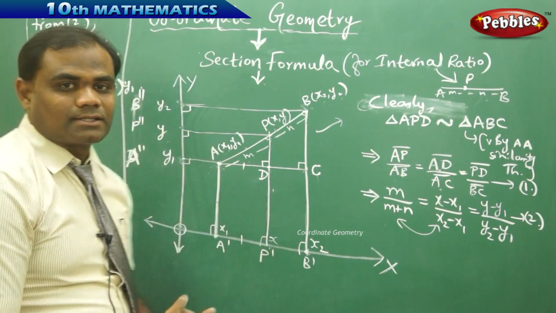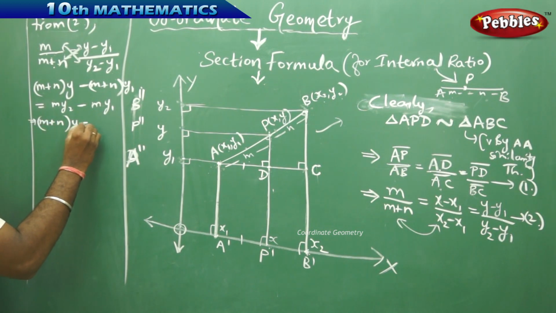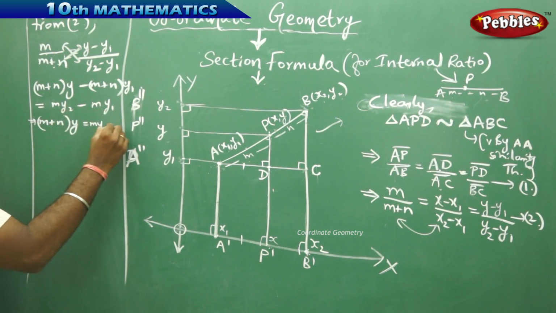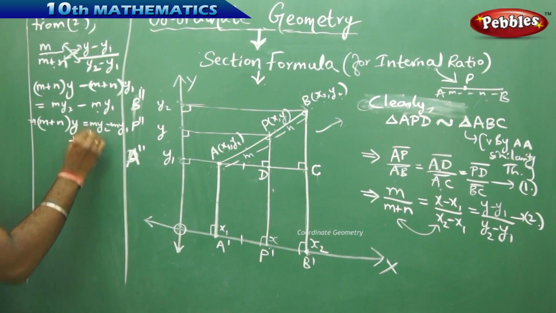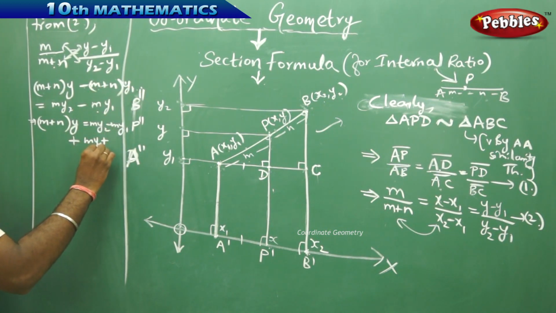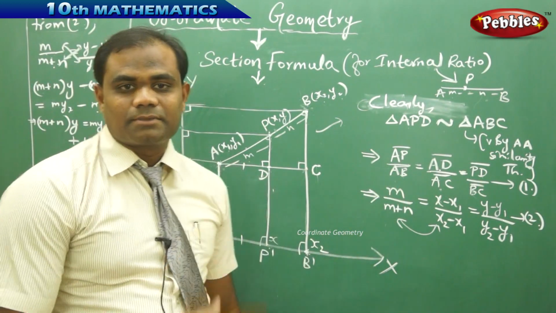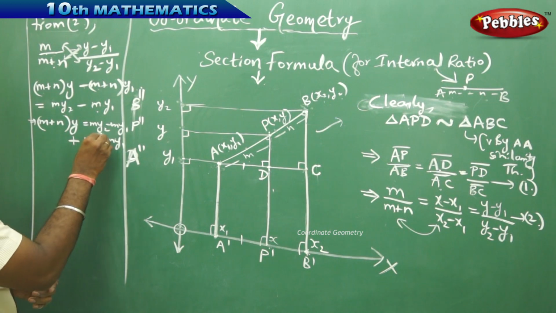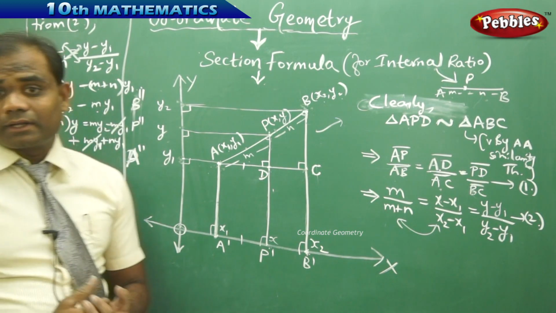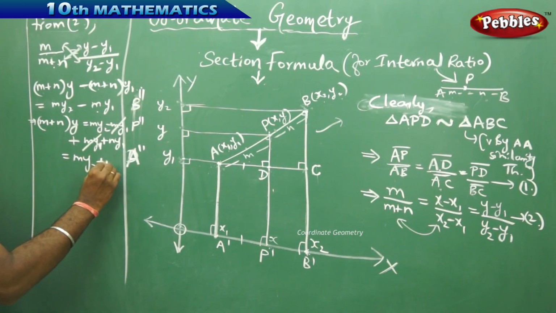Now further simplifying this, I take only the y term to the left and the rest to the right. Implies my m plus n times y is equal to my2 minus my1, and bringing this to the right gives me plus my1 plus ny1, when I take all the terms to the right except the y term, which is kept on the left. With this, I can see that clearly plus my1 and minus my1 get cancelled, finally leaving me with my2 plus ny1.